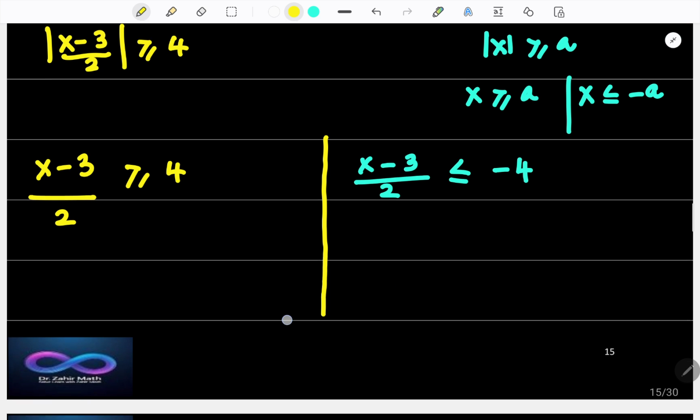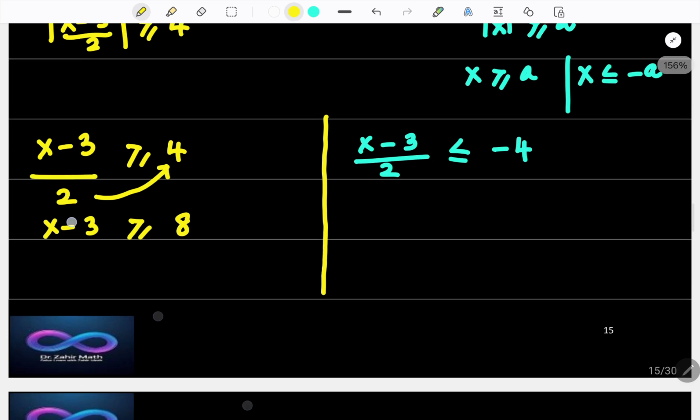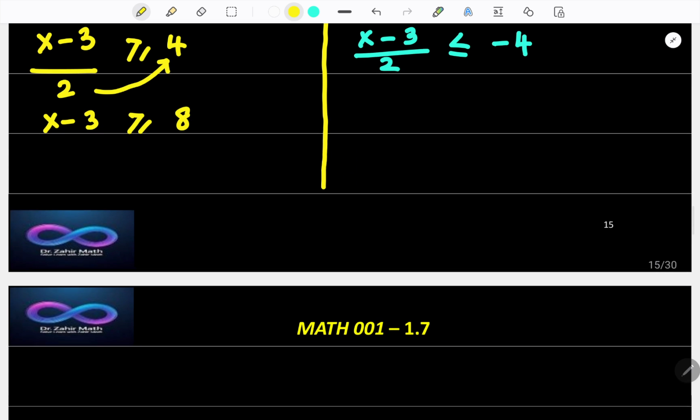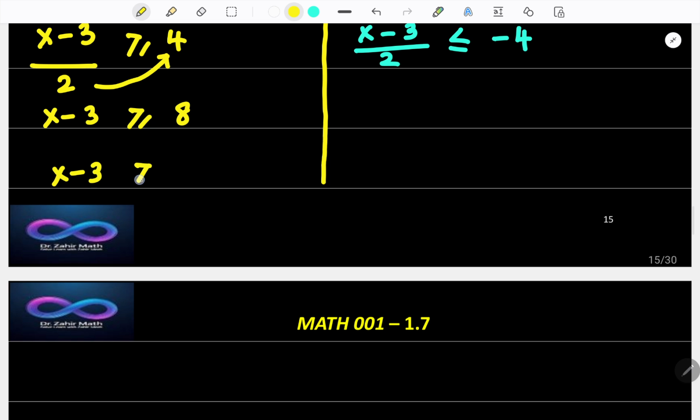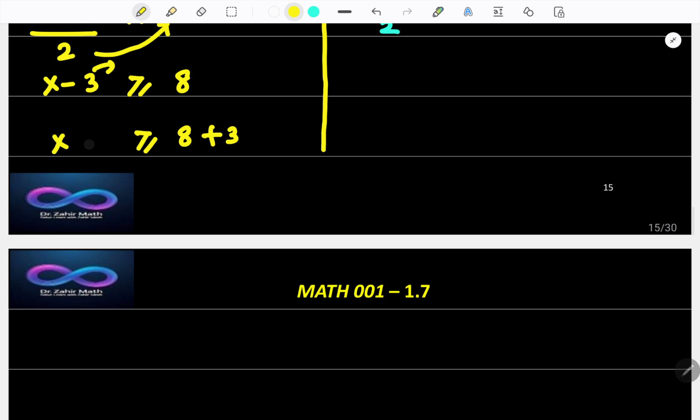So let us do these situations. What will happen? We'll see. So x minus 3 is more than or equal to, cross multiply, 4 multiply 2 is what? 8. So x minus 3 is more than or equal to 8. This 3 goes that side, which is plus 3, right? So x is more than or equal to 8 plus 3, which is 11.